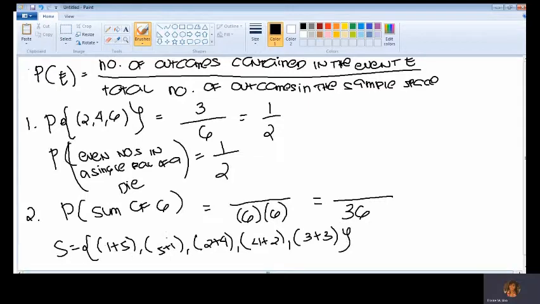So we have 5 possible outcomes. So therefore, getting a sum of 6 when 2 dice are rolled, the probability of that is 5 over 36. Now you answer getting an ace when a card is drawn from a deck.